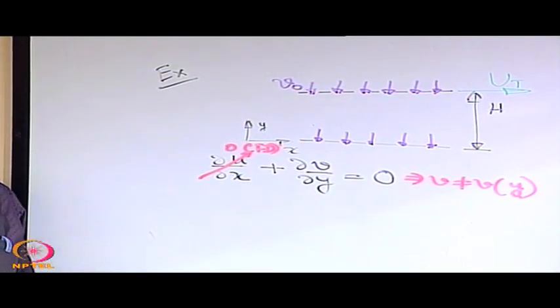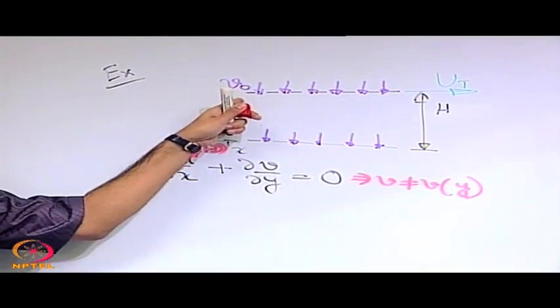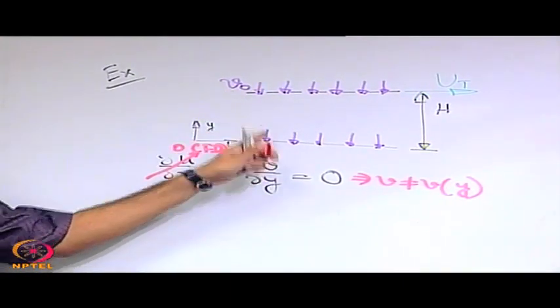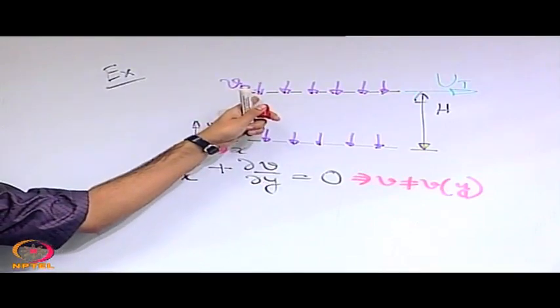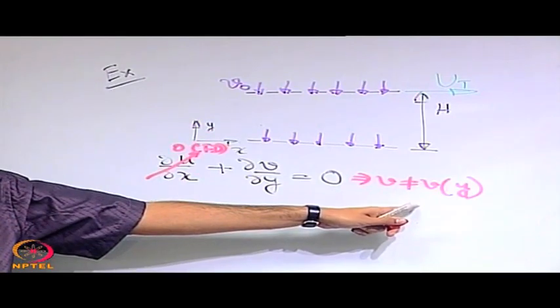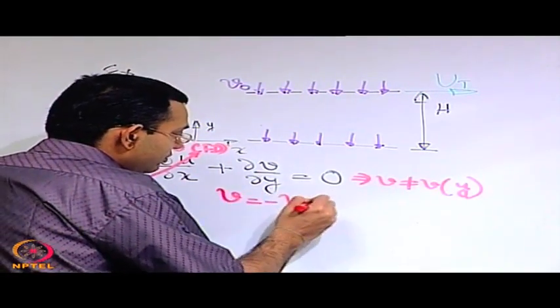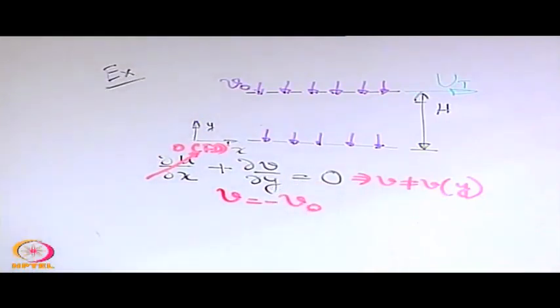V is equal to minus V naught, right, because at y equal to h, V is equal to minus V naught. Since V is not a function of y, it should be the same for all values of y. So V is equal to minus V naught. That is what we get from the continuity equation.